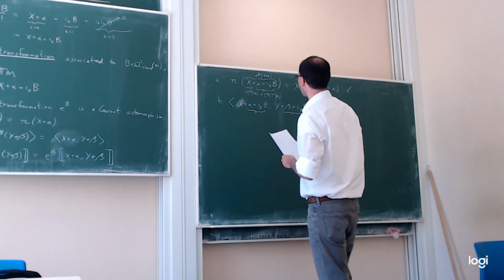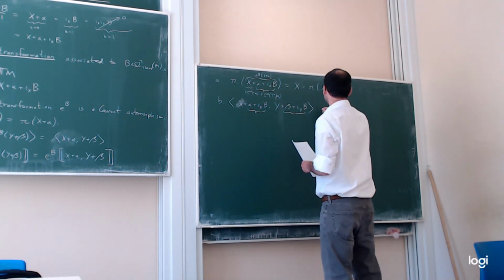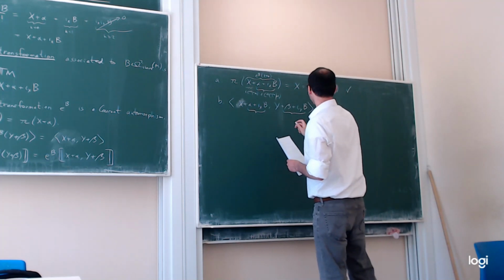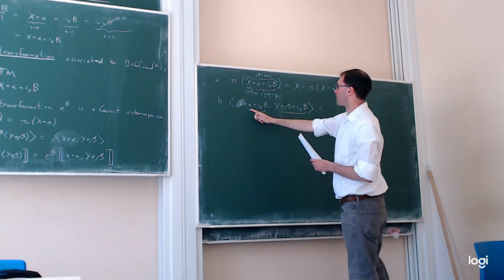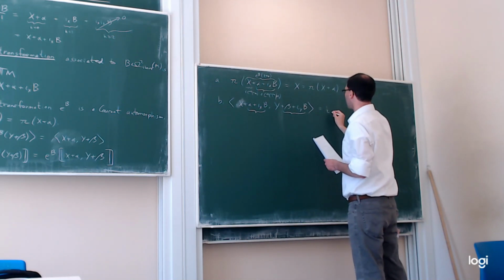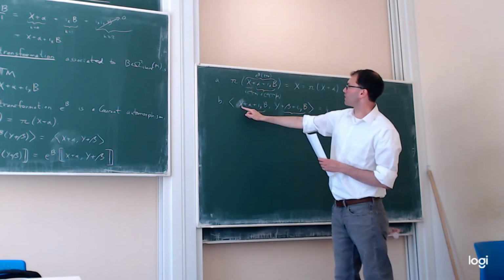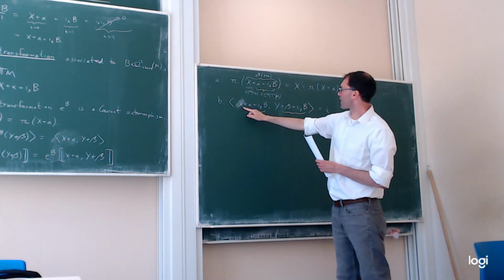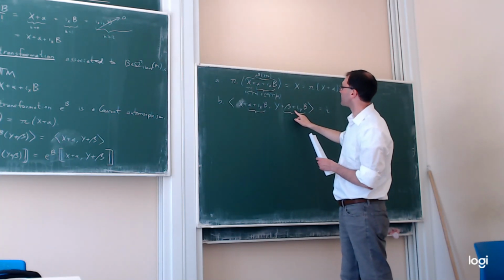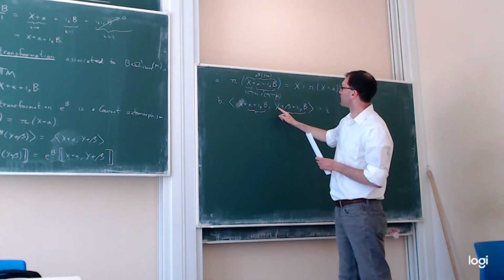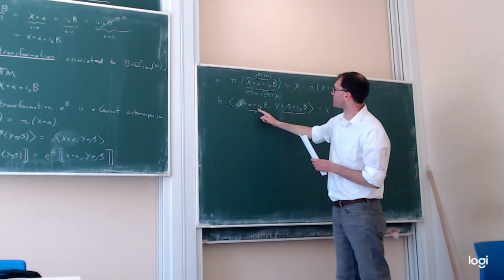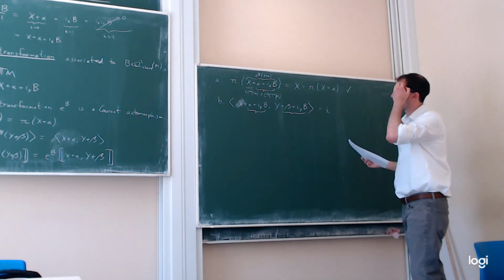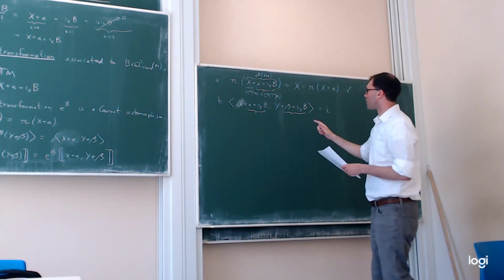And then recall how the pairing is defined. So this is going to be one half of the contraction of x with this expression here, plus one half of the contraction of y, fiber-wise, with this expression here. And what's going to happen, I'll write it out.